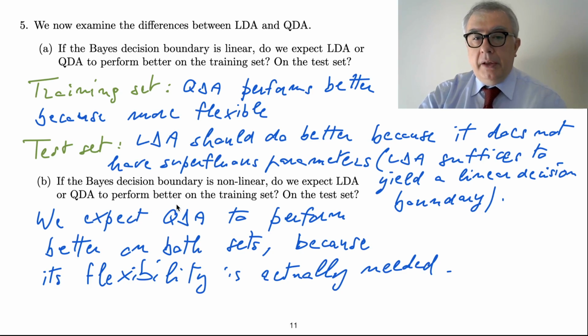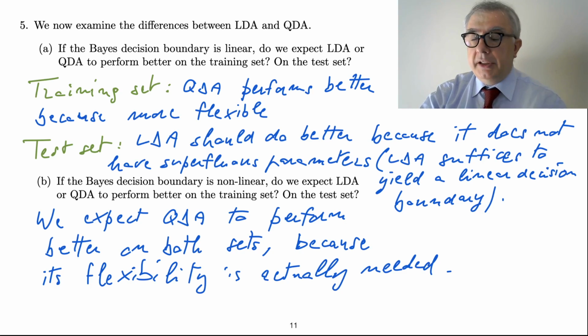Question B. If the Bayes decision boundary is nonlinear, do we expect LDA or QDA to perform better on the training set and on the test set? In this case, LDA is not adequate because it cannot give you a nonlinear decision boundary.